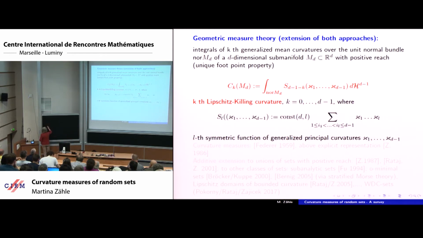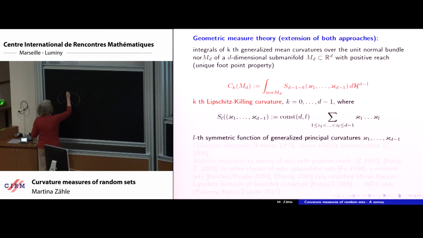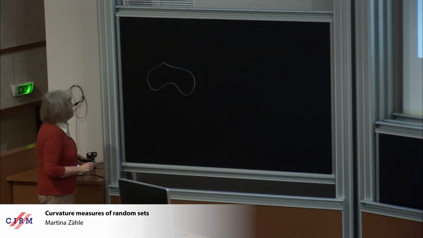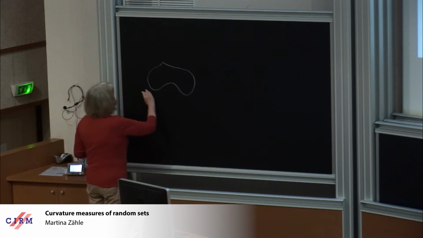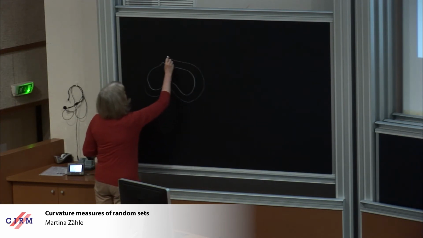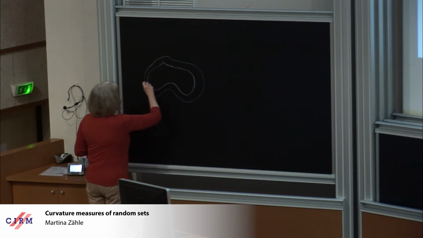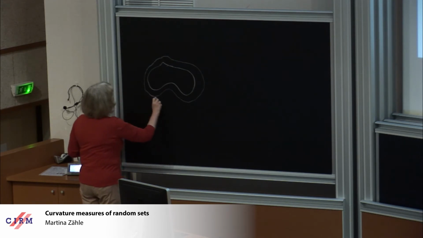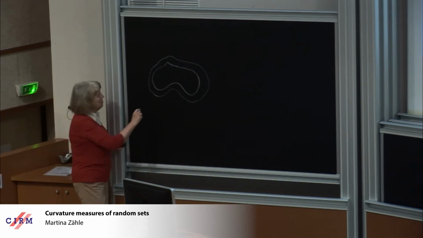If you have a set with positive reach, then in a neighborhood of positive distance, say distance epsilon, you have the unique projection property.